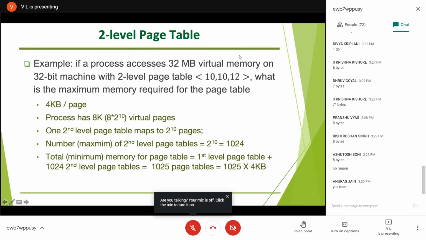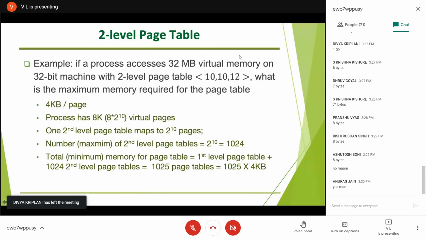It means we require a maximum number of pages. The number of page tables that is required, if we assume that each entry is pointing to a valid entry, would be 2 raised to power 10.